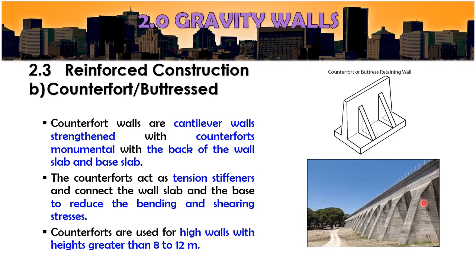Counterforts are used for high walls with height greater than 8 to 12 meters. If it is needed to provide a higher wall, the counterfort is more suitable, because compared with a normal cantilever wall, this wall is more suitable for the construction of higher walls.